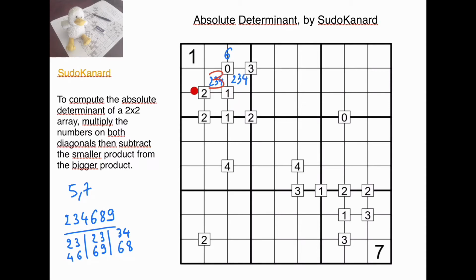So it's not possible for all 4 digits to be odd. There must be at least one even number. But actually, both products must be even numbers. So there has to be at least 2 even digits here.